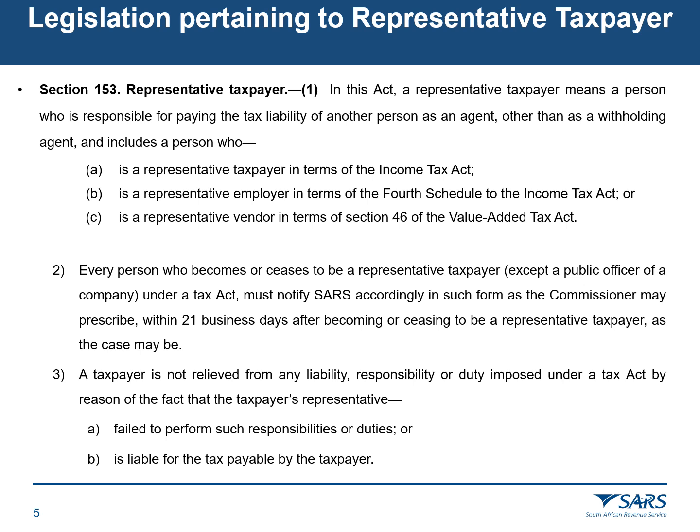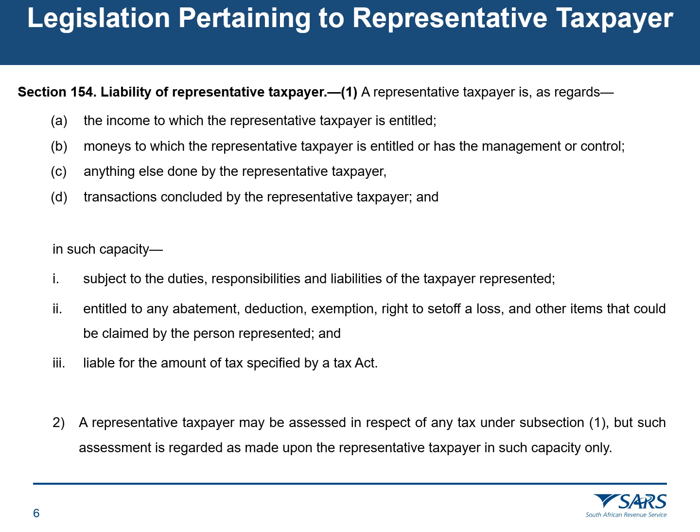A taxpayer is not relieved from any liability, responsibility, or duty imposed under a tax act by reason of the fact that the person's representative has failed to perform such responsibilities or duties, or is liable for the tax payable by the taxpayer.